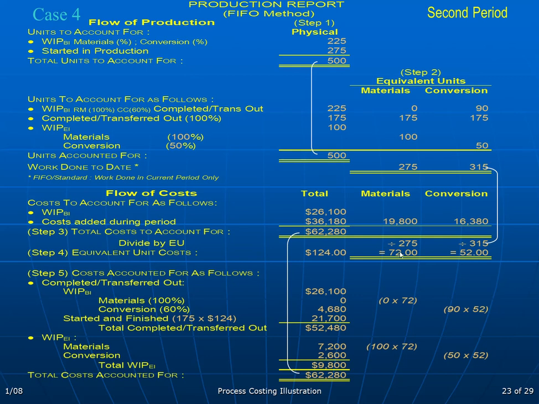Okay, so now we come down here and we determine what our rates are for the current period. This is the amount of work we did with respect to materials. This is the amount of work that we did with respect to conversion costs. This is the amount of cost we accumulated in our material cost pool. This is the amount of cost we accumulated in our conversion cost pool. And here's our rates. So let's analyze these rates. Let's interpret these rates and see if this makes sense.